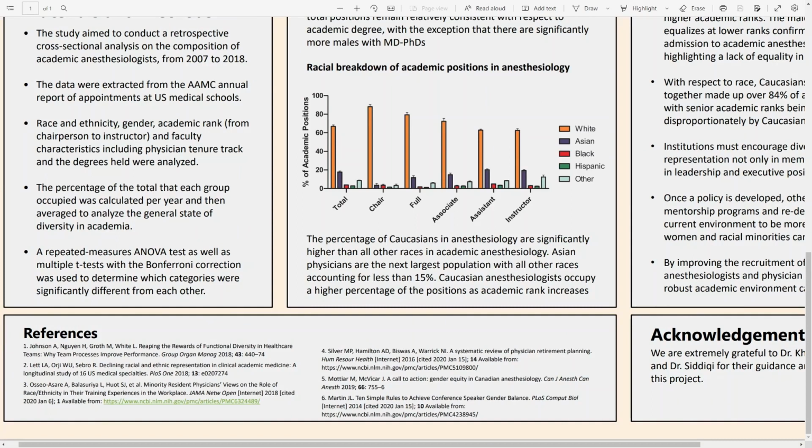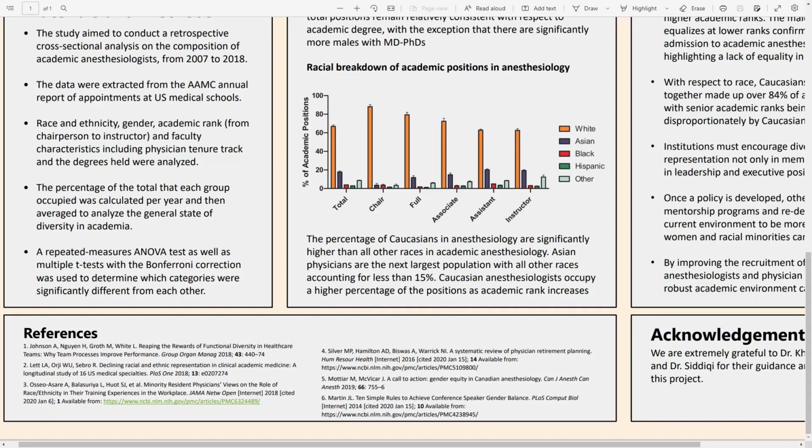Analyzing the data by race showed that the majority of academic anesthesiologists in the United States were predominantly Caucasian at 67%, followed by Asians at 18%, with Black and Hispanic anesthesiologists occupying 4% and 3% respectively.